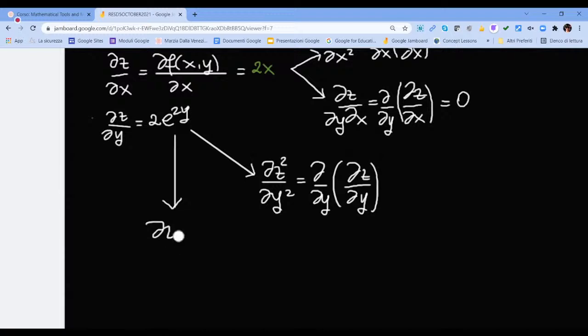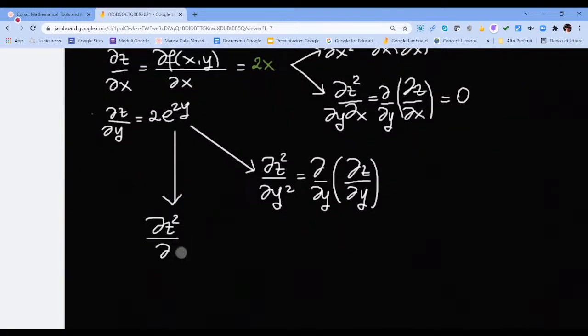I'm sorry, I didn't write the square, but it belongs to this form. Now with respect to y and then x, that means that we compute the derivative with respect to y and then we derive with respect to x.